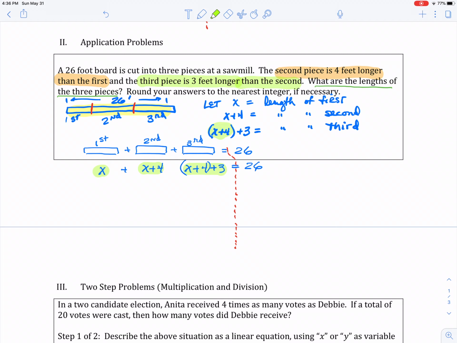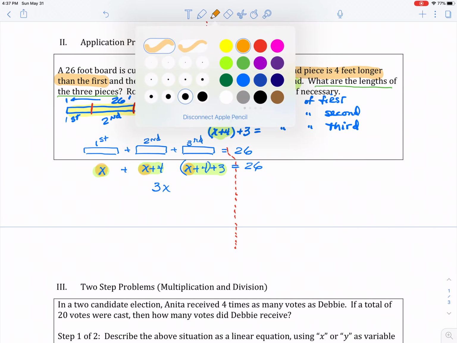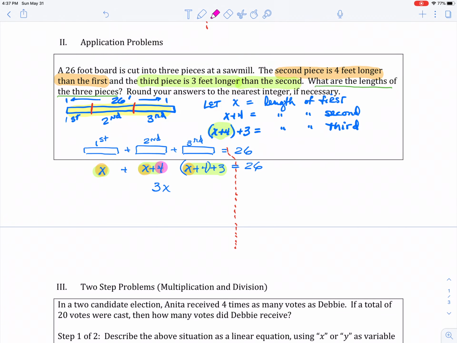And as I look here on the left side, I see the variable X in there 3 times, so I'm going to combine those into a single term, 3X. And I also see the 4, and the 3. So I'm going to combine all of those.